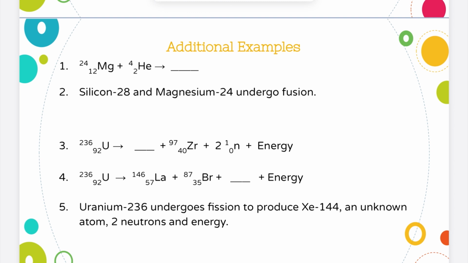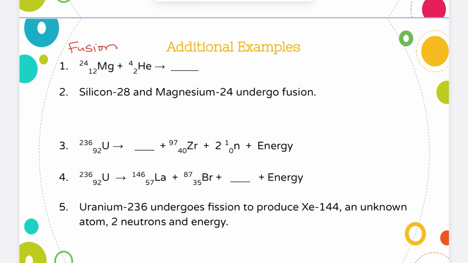If you want, try these on your own and come back and check your answers, or go ahead and do these with me. All right, so we have a magnesium atom plus a helium atom. So we have two smaller atoms combining to make a bigger atom, and so that is going to be fusion. How do we figure out what that is?